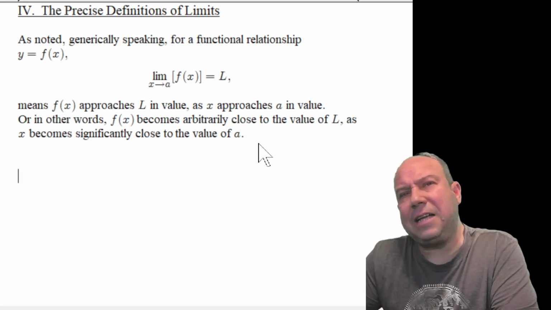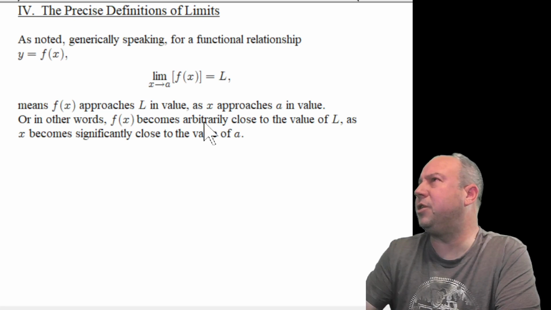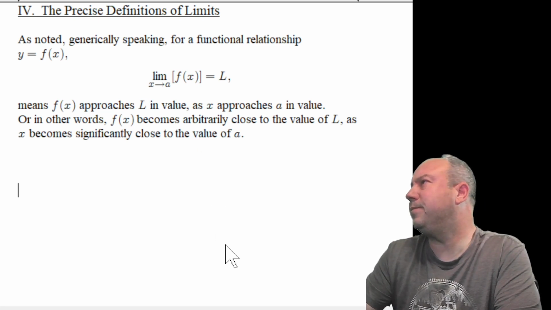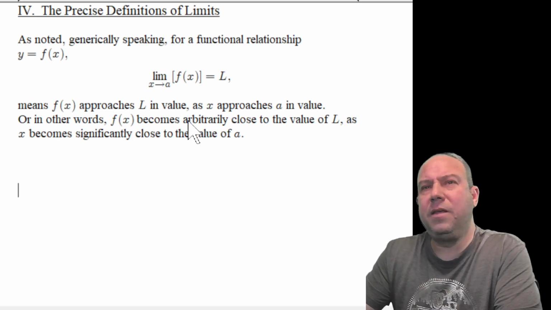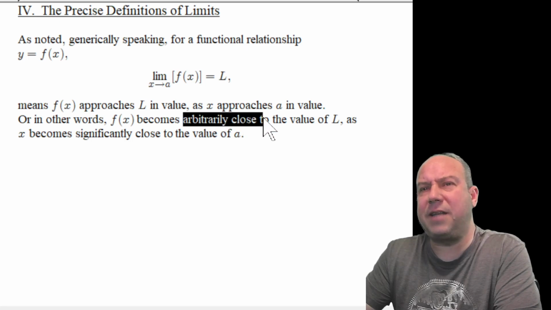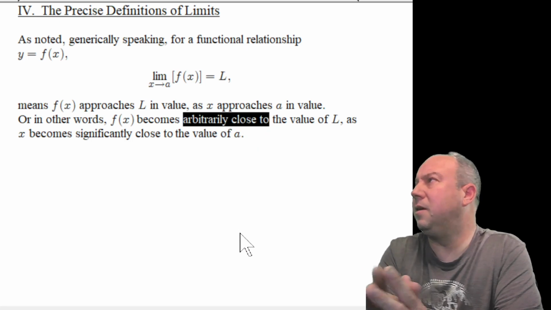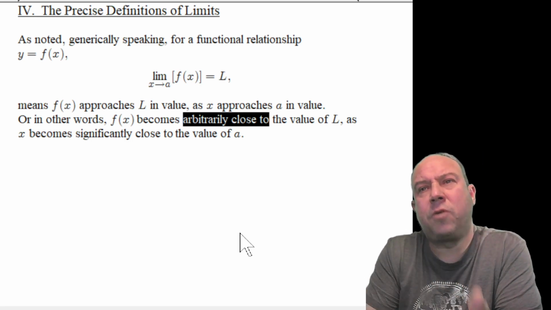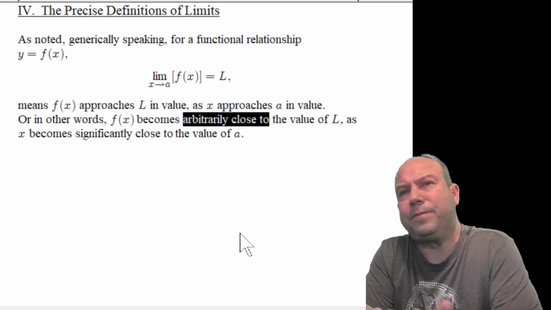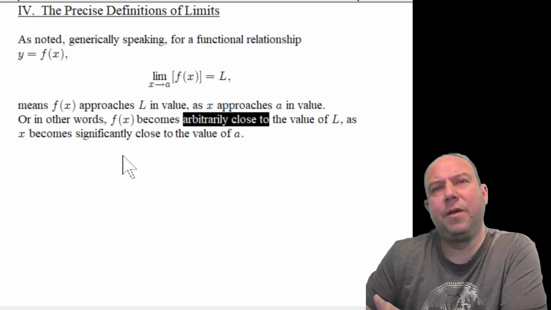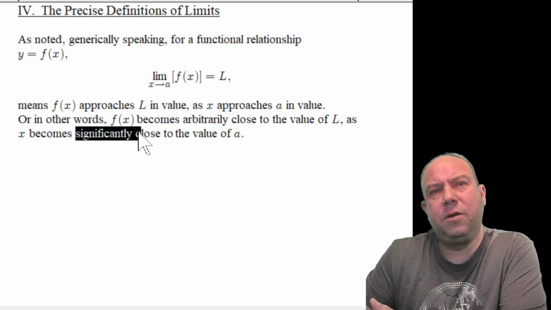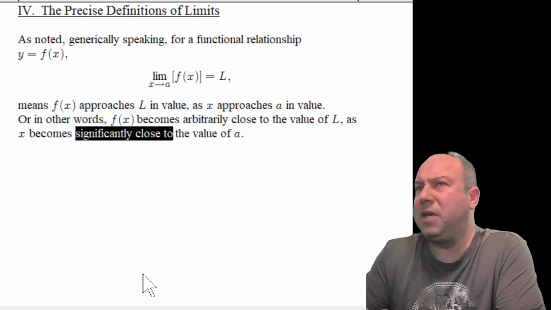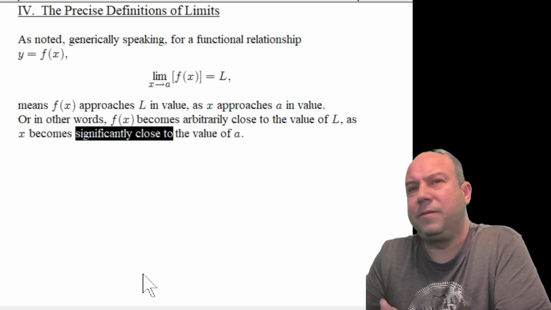But it does lack a little bit of precision. If we were to think about this second statement, what does it mean to become arbitrarily close to something? Or likewise, what does it mean to become significantly close to something?